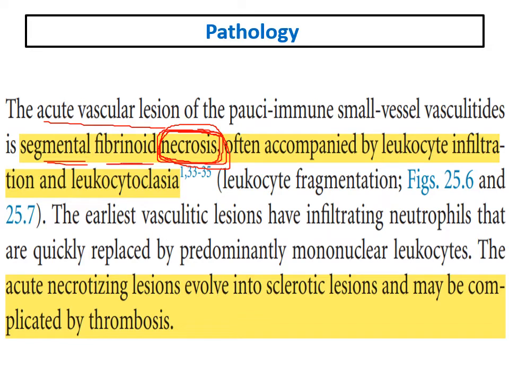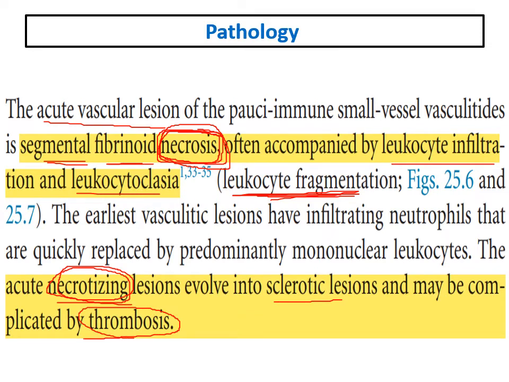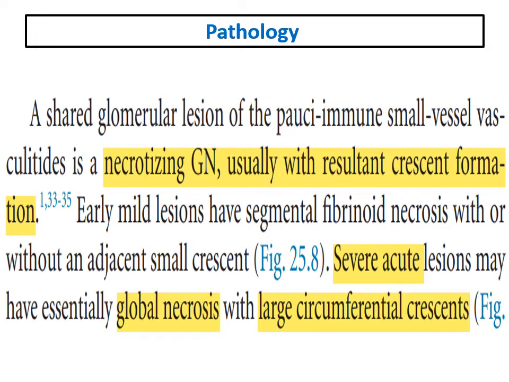Segmental fibrinoid necrosis, usually accompanied by leukocyte infiltrations and leukocytoclasia and leukocyte fragmentation, an important sign for activity. These acute necrotizing lesions usually very rapidly evolve into sclerosis, and they can be accompanied by thrombosis. So the main affection is necrosis and necrotizing lesions, usually accompanied by crescent formations.